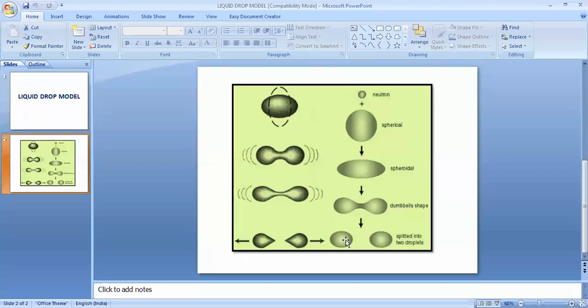One is barium, another is krypton. So this is how the reaction may be shown.